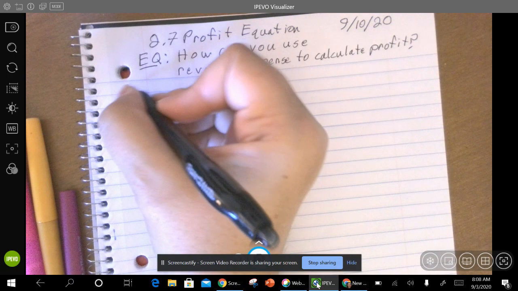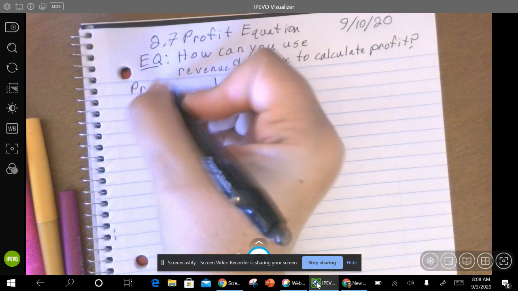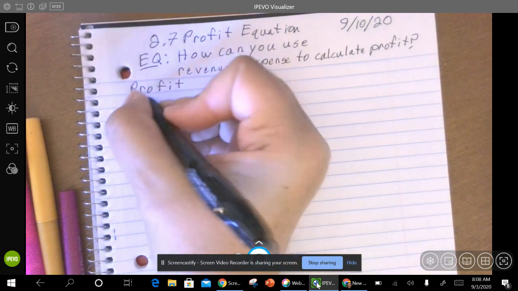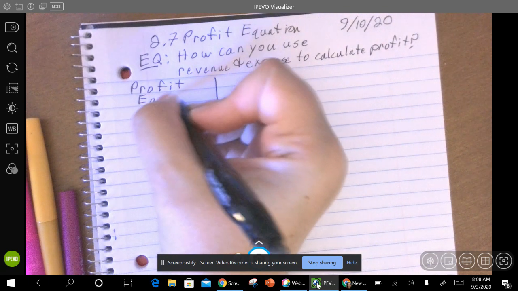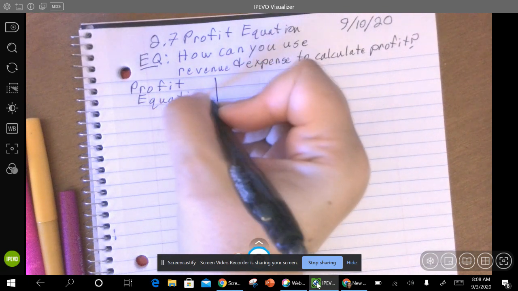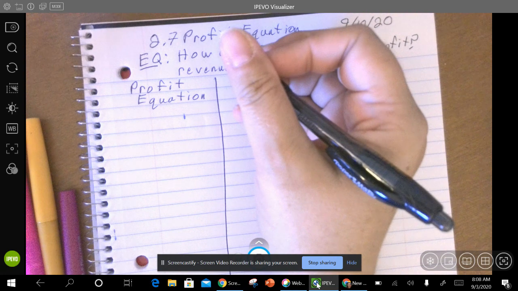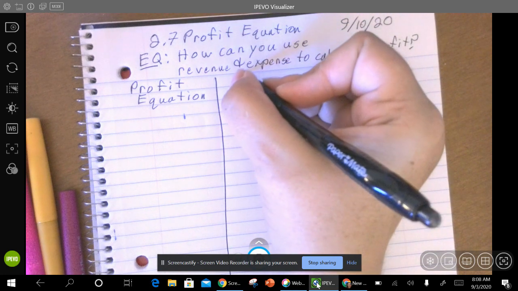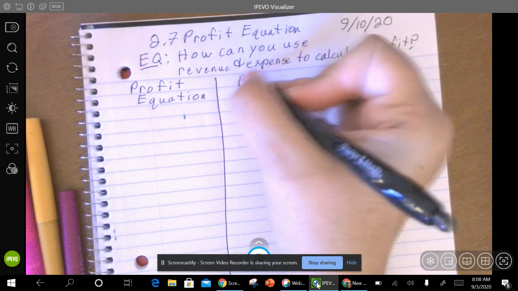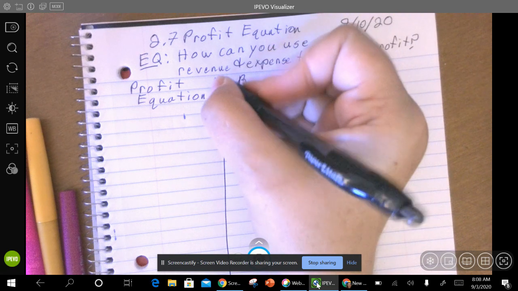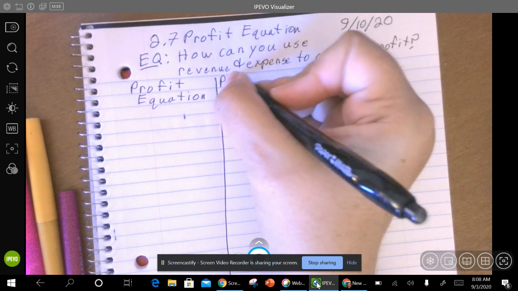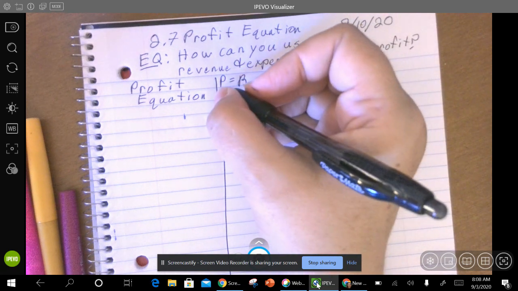Okay, so we're going to have our profit equation. Profit is the amount of money that the company brings in, the amount of money that they make. Remember, the amount of money that they bring in is the revenue. The amount of money that they make is the profit.